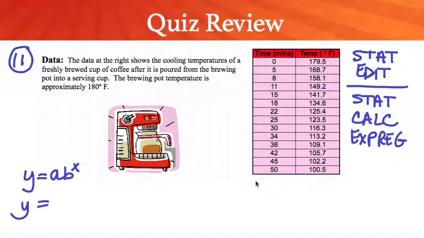Okay, I'm going to write out here that A equals, let's see, 171.462, we're going to round to 3 decimal places, and B equals 0.988. The calculator also gives us the actual equation.